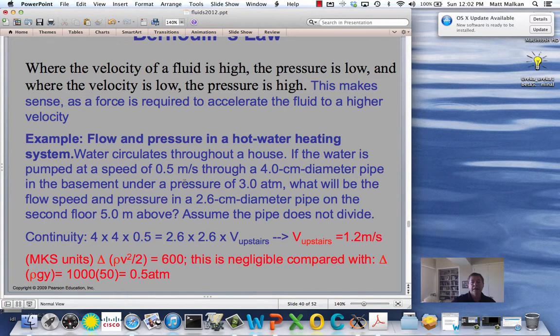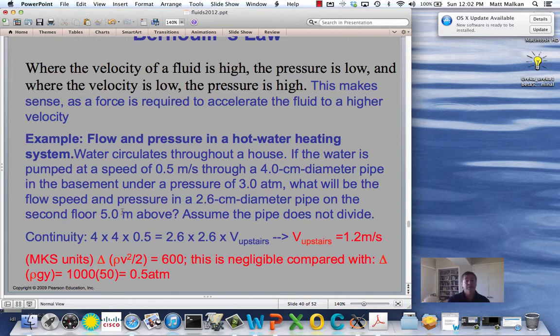All right, now several things happen to it at the second point that we're measuring things. Of course, energy has to be conserved. So we know P plus rho g h plus one half rho v squared. Now, we have to measure that again upstairs. It's now on the second floor, so it's gained 5 meters in elevation.